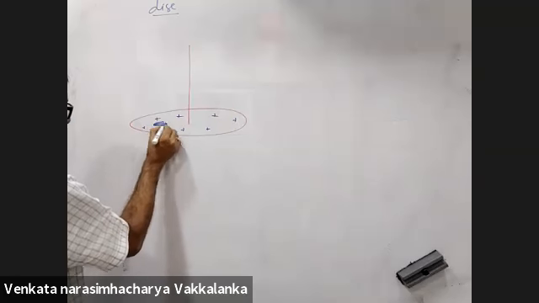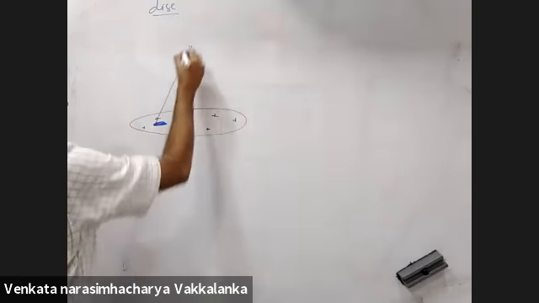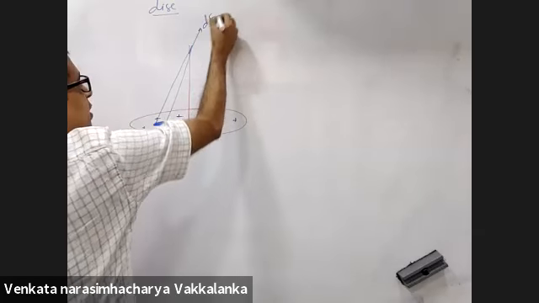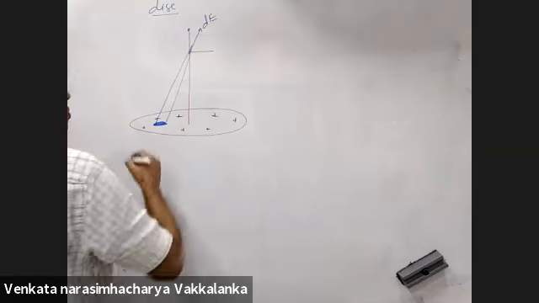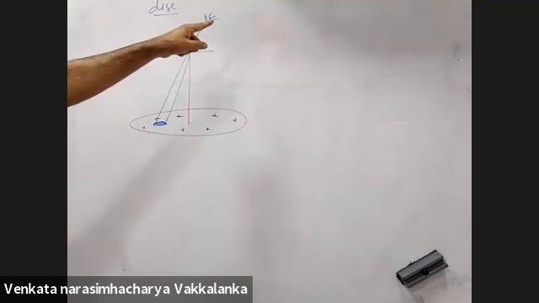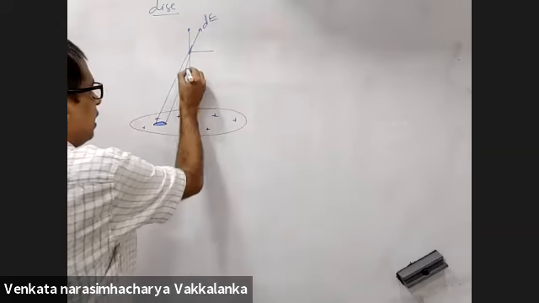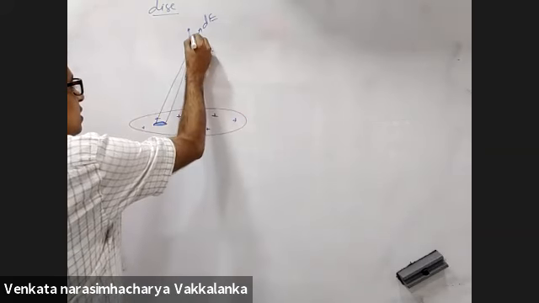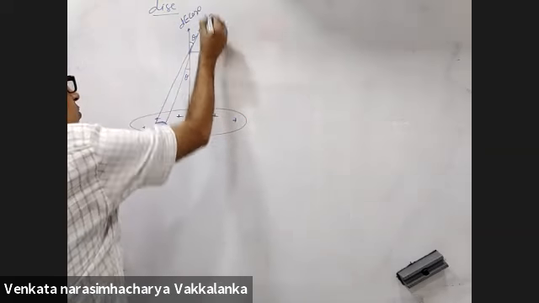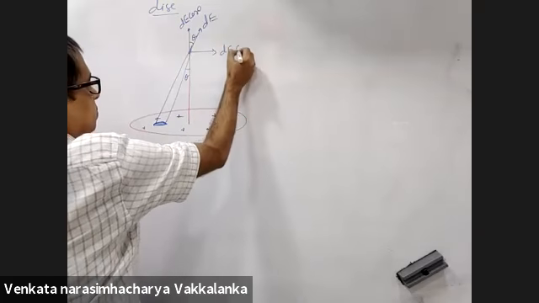Consider a small area ds, which will give me a field there. I'll take this angle as theta. dE cos theta, dE sin theta.